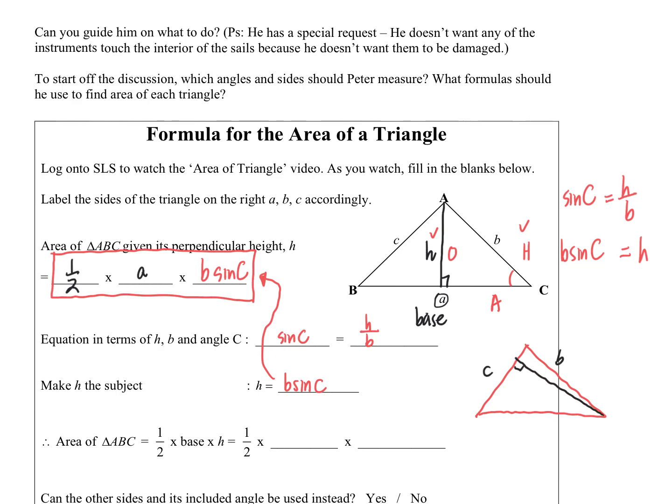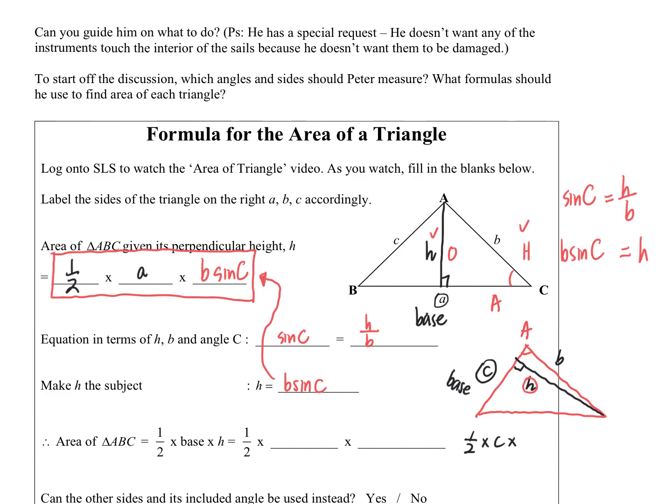If I choose this to be my base, I will also use half times base times the perpendicular height here. So how can I find that perpendicular height? Same thing, I will make use of this angle A, and I want to find this.